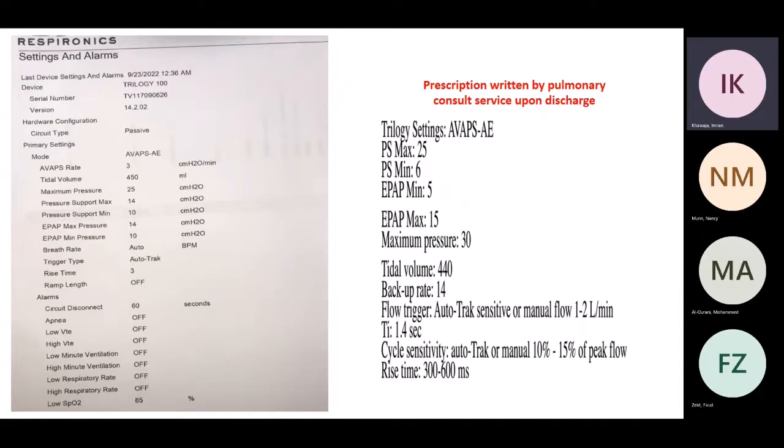So if the pressure support is 14, which is the highest for this patient, it will be 10 plus 14, so 24. But let's say that you made your maximum pressure 20. It will not reach 24, even if your pressure support is saying 14.